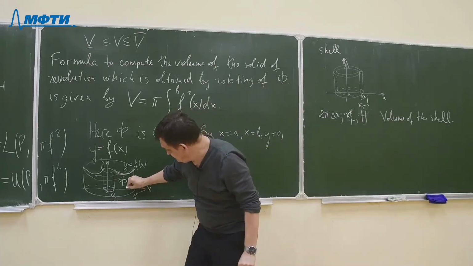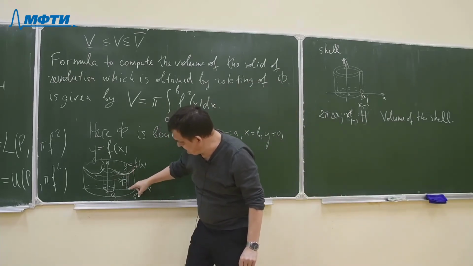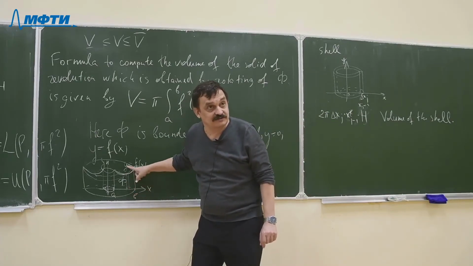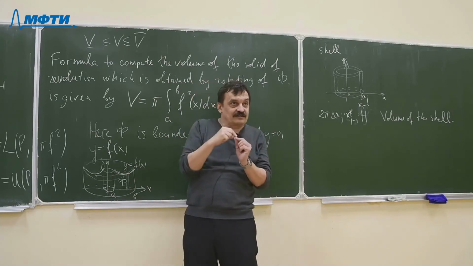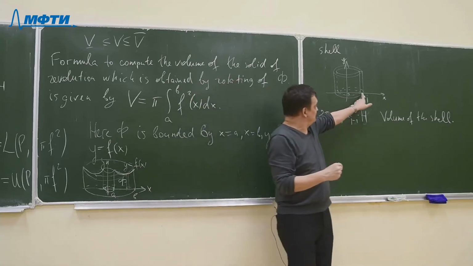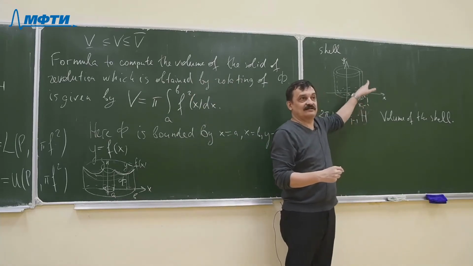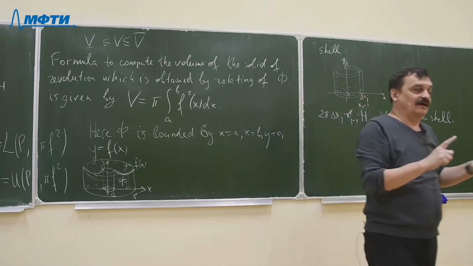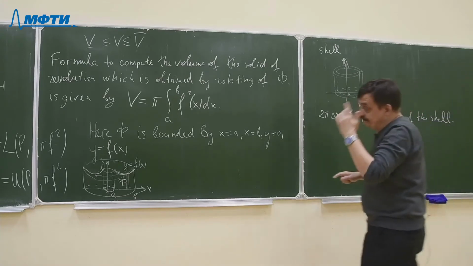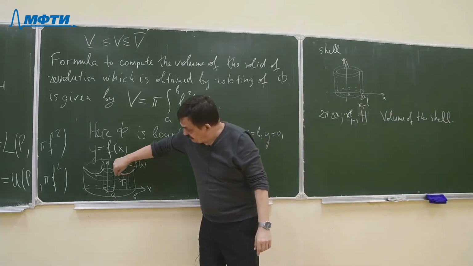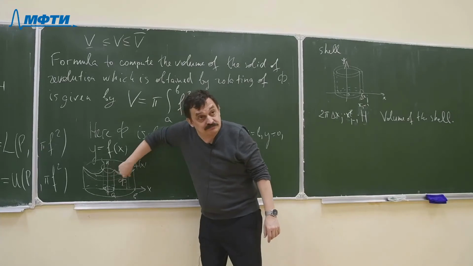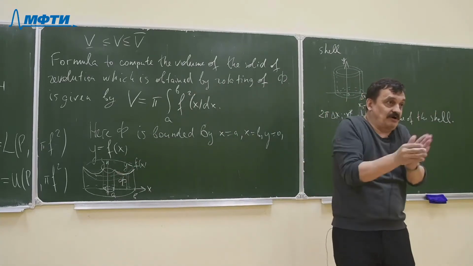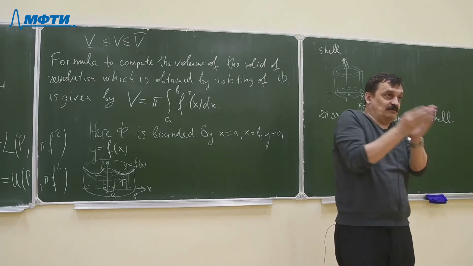As usual, we consider our partition of the interval, a thin rectangle, and then we proceed with this thin rectangle for this shell. And then if we sum up all those volumes of shells, sum up all of them, then what do we obtain?